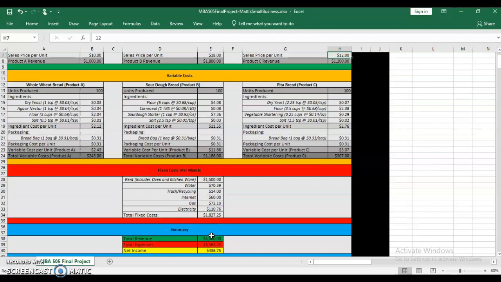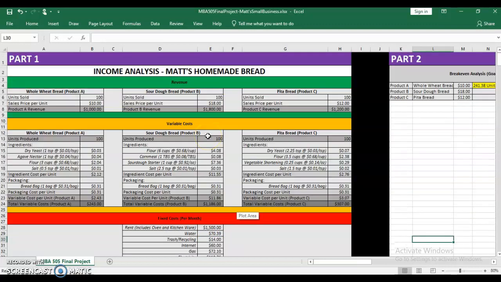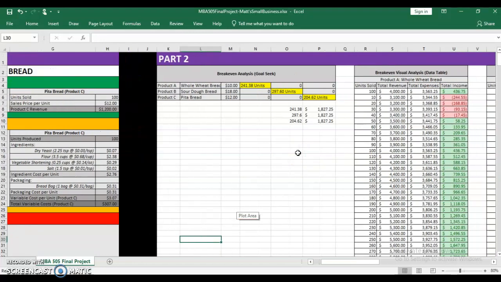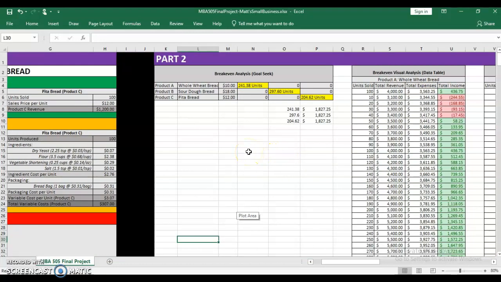As I mentioned in my report, being at home I'm not paying rent, but to make this a realistic scenario for formulating a business, I decided to include rent and your main utilities involved in making bread. You're going to need water, gas, and electricity, and so my fixed costs came to 1827.25.